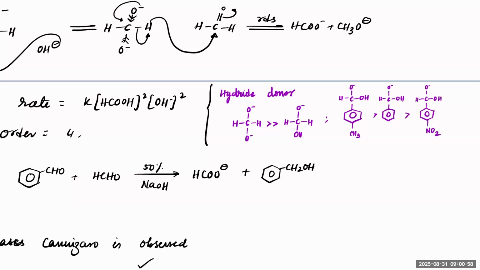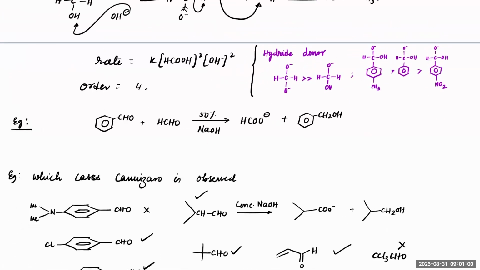If you have it with NO2, it is a very bad hydride donor. Okay. So remember, this order is only for hydride donor and does not tell anything about the rate of the reaction. Okay.